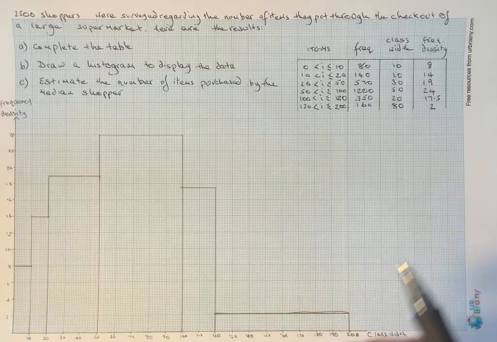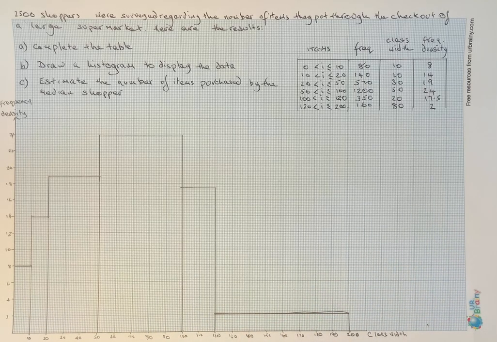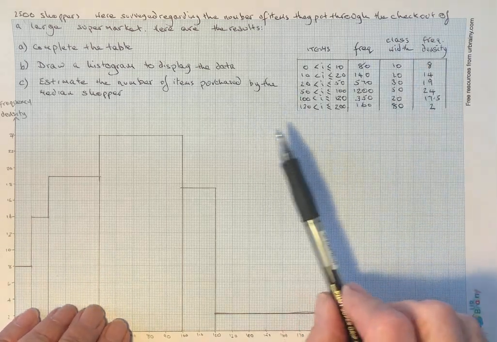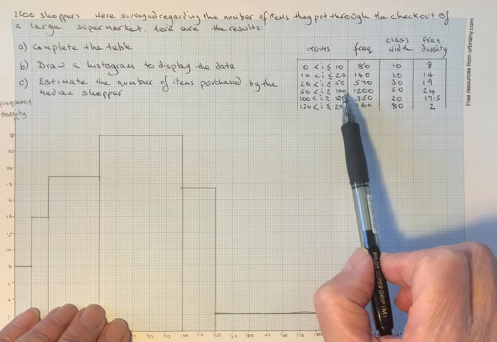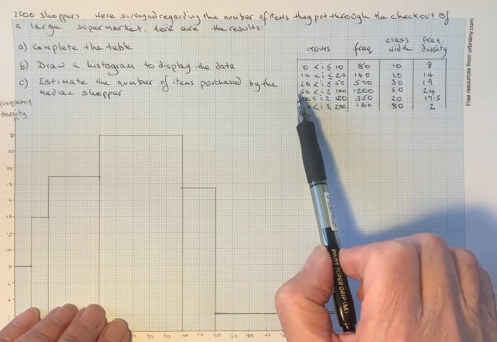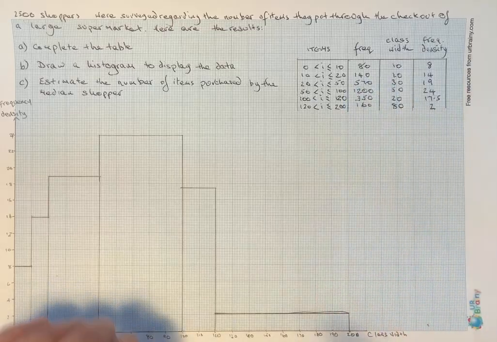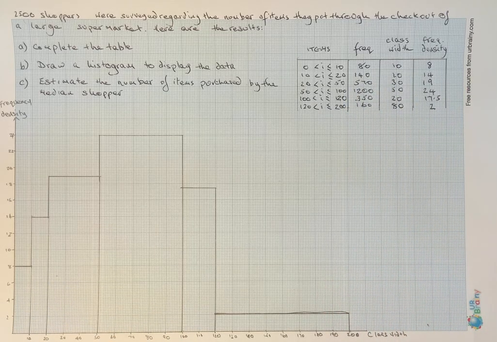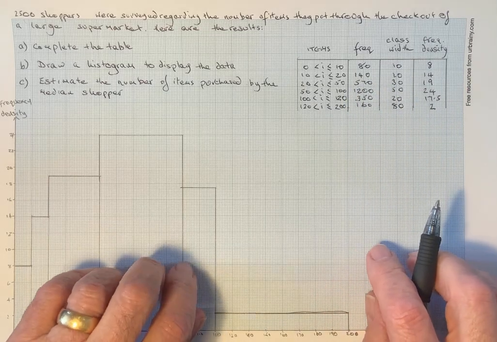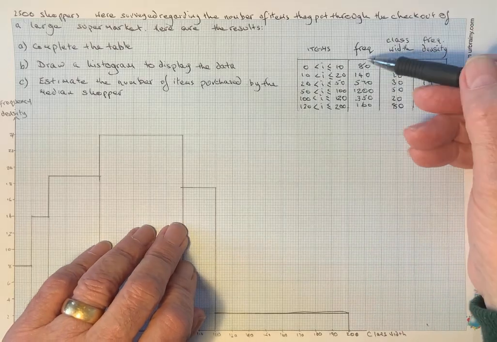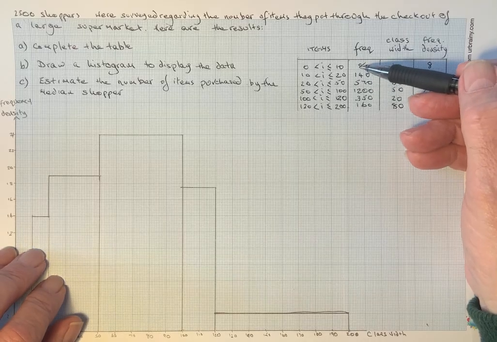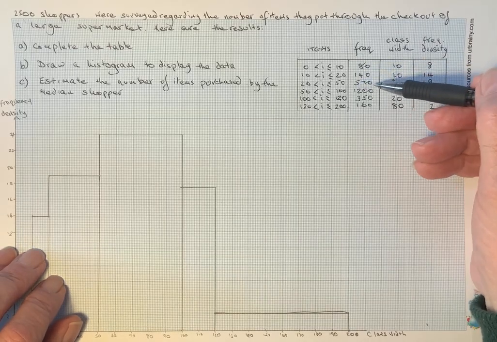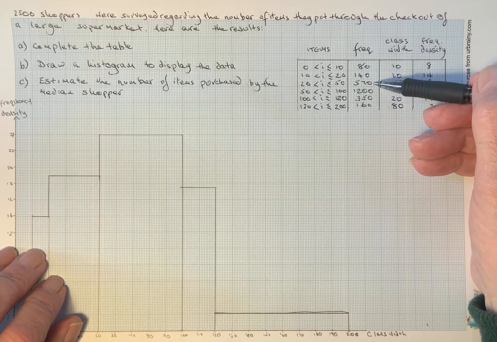and what we have to do is work out how many items that person had. And in statistics, what we do is we assume that all these shoppers are equally distributed throughout the range. Okay, so we have 790 shoppers up to here.